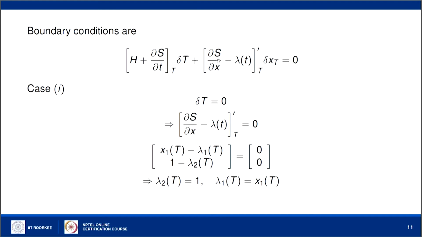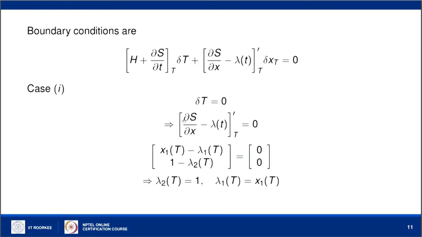Therefore the expression multiplied by an arbitrary value equals 0, which implies the vector in the bracket should be equal to 0. So we get the condition del s by del x minus lambda should be equal to 0 evaluated at capital T.